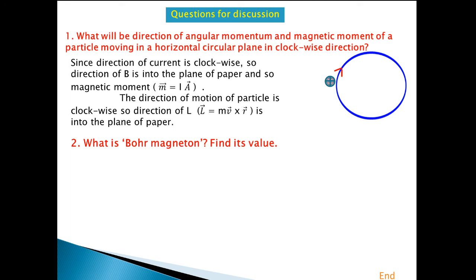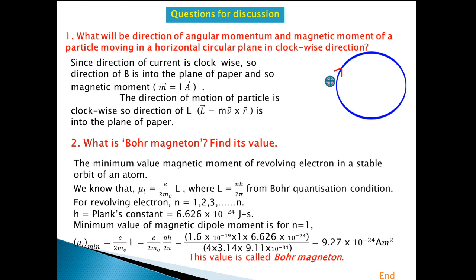Now another question: what is the Bohr magneton and what is its value? The minimum value of the magnetic moment of a revolving electron in a stable orbit of an atom is known as the Bohr magneton. Now how can we find its value? Let us see. We know the magnetic moment of the electron is e by twice the mass of electron into angular momentum, where angular momentum L equal to n h by 2 pi.